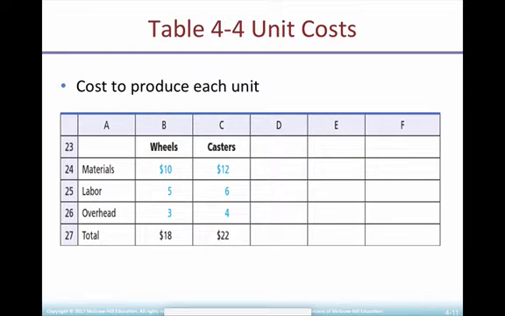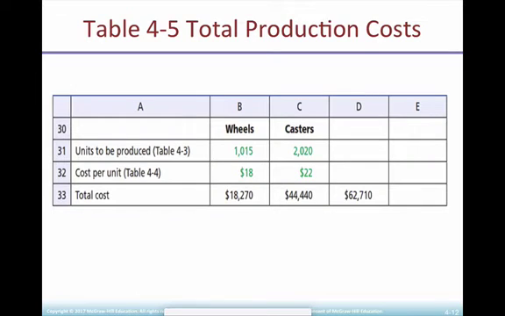So now we are going to incorporate that into total production cost. Recall a few slides back, I want to produce 1015 units times $18 per unit. Total new cost of production for the new production is $18,270.